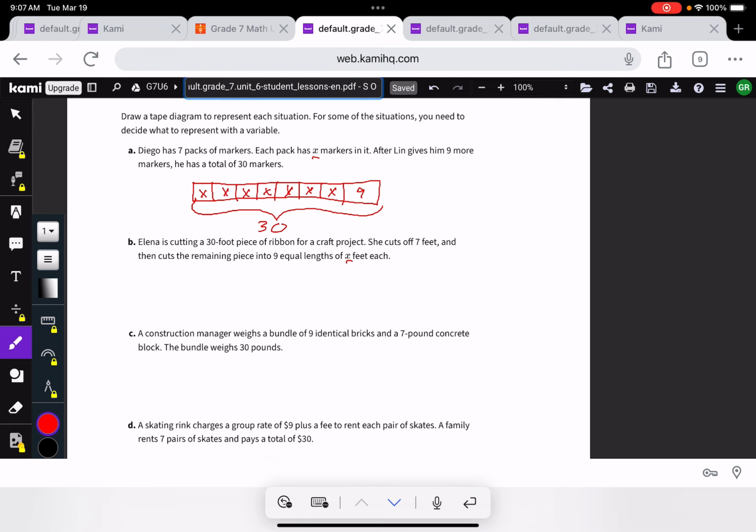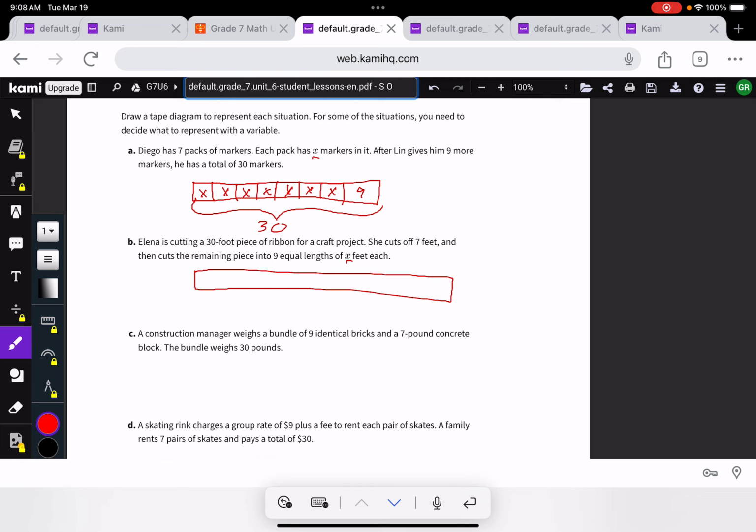Let's look at B. Elena is cutting a 30-foot piece of ribbon for a craft project. So sounds like that tape diagram is just that, a tape of ribbon. She cuts off 7 feet, then cuts the remaining piece into 9 equal lengths of X feet each. So what do you think that's going to look like?